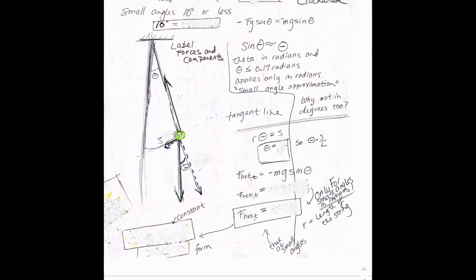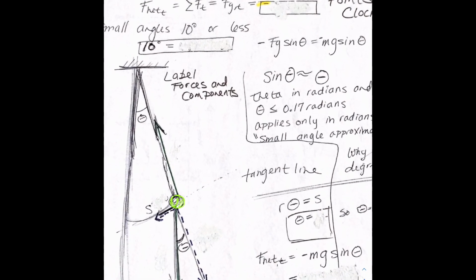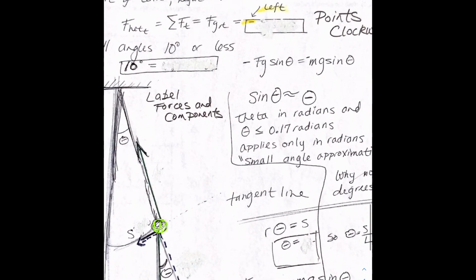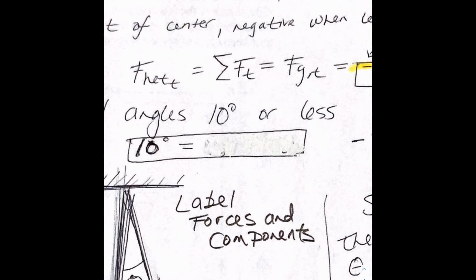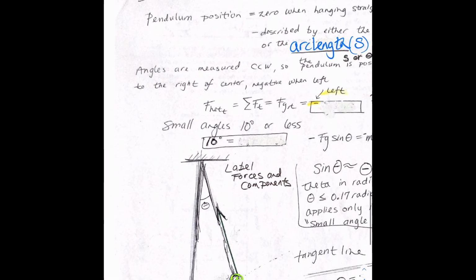Okay, so what we've got to do is look at this restoring force, and we're interested in a tangential force. So these little t's I have written here, F net tangential equals sigma F tangential equals Fg tangential, is all about a tangential force. So let's go down here and look at this.